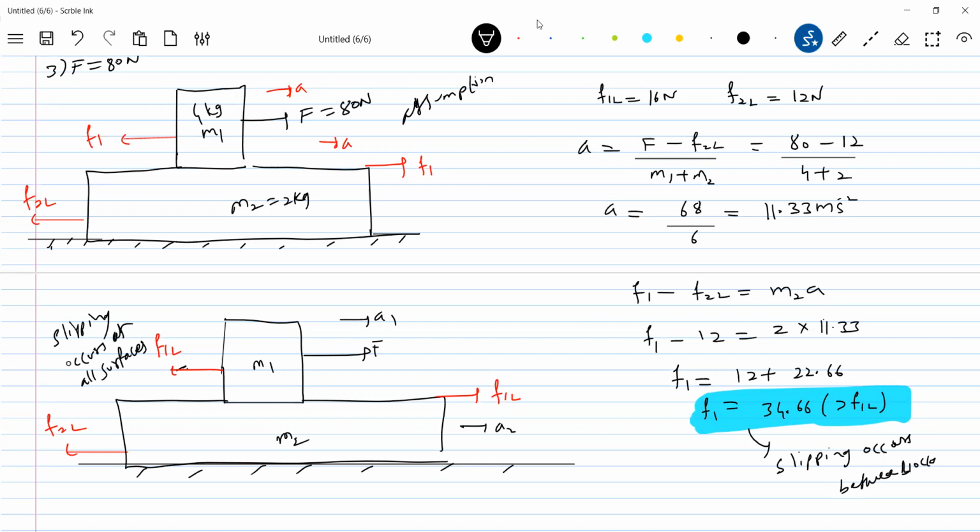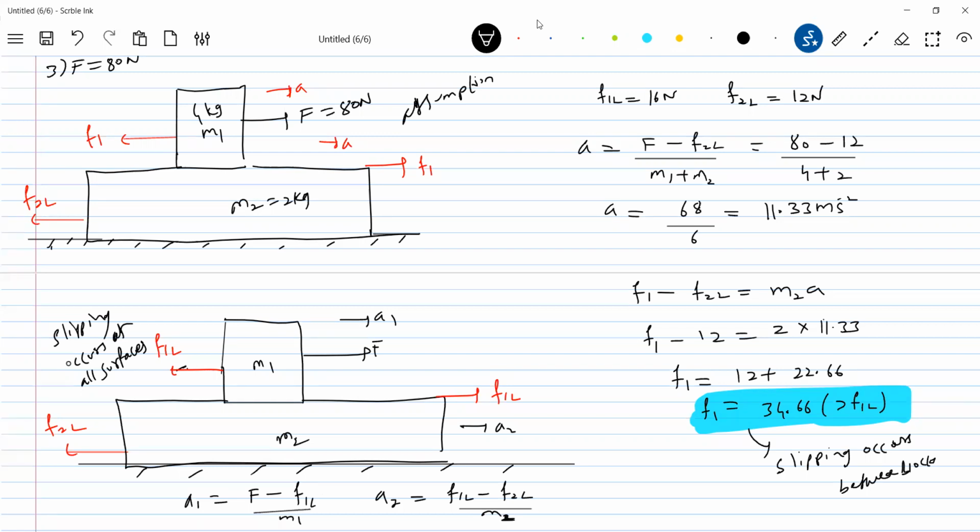Slipping occurs at all surfaces. So what is the expression for acceleration? A1 is equal to F minus F1L by M1. A2 is equal to F1L minus F2L by M2.